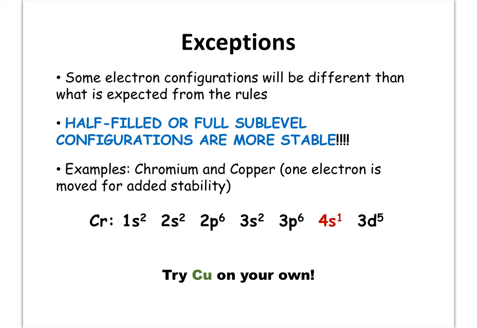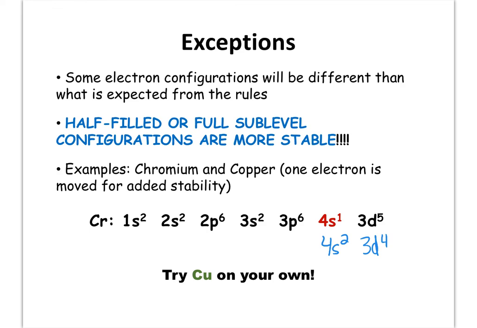So if you look here, look for chromium on your periodic table. It's number 24. What you would expect to happen here is you would expect chromium to be 1s2, 2s2, 2p6, 3s2, 3p6, 4s2, 3d4.